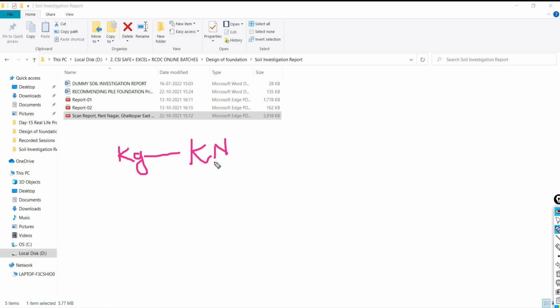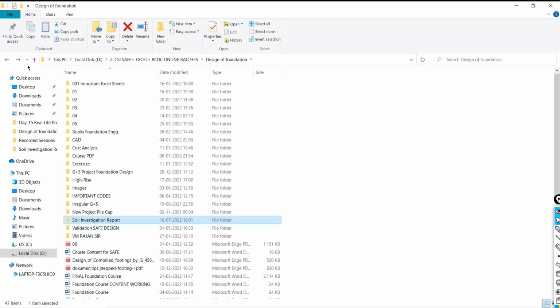See, the kg to kilonewton conversion is about 9.81, but as a round off value you can consider it as 10. Round off value you can consider as 10. Okay, conversion from kg to kilonewton.